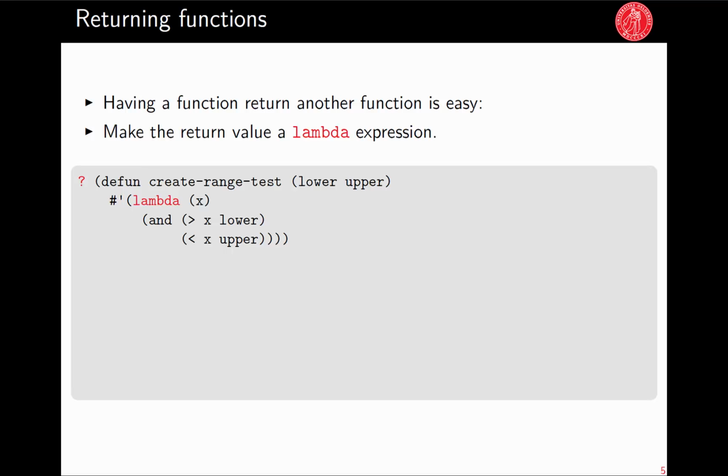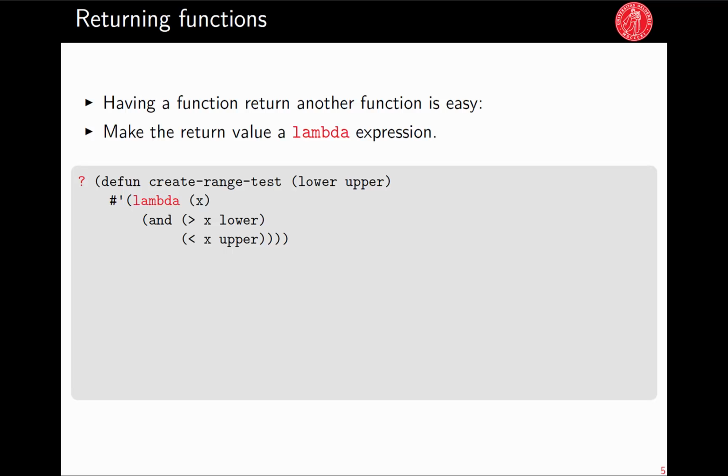So that's what we'll be doing here. We'll define a procedure called create-range-test that takes two arguments, defining the lower and the upper bound of the interval, and returns a new predicate that checks whether a number is within that interval.